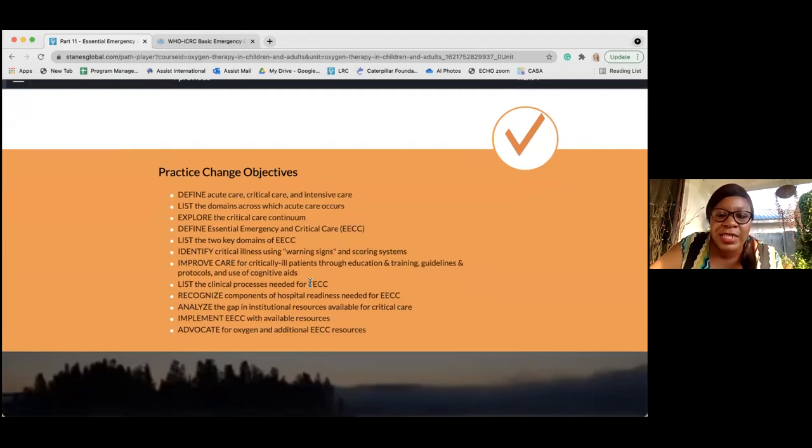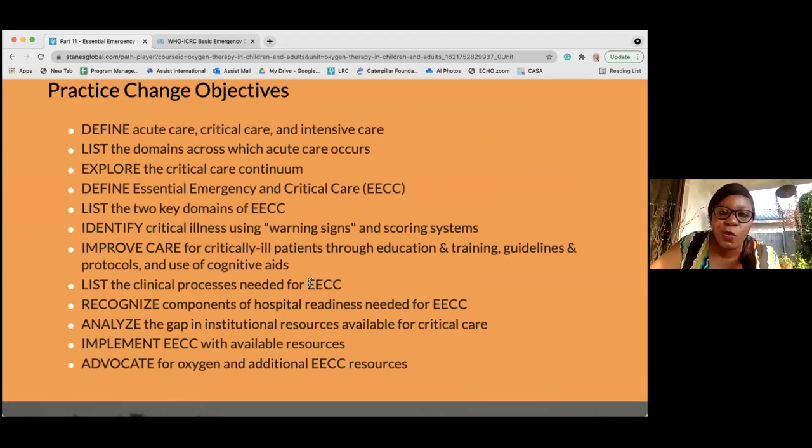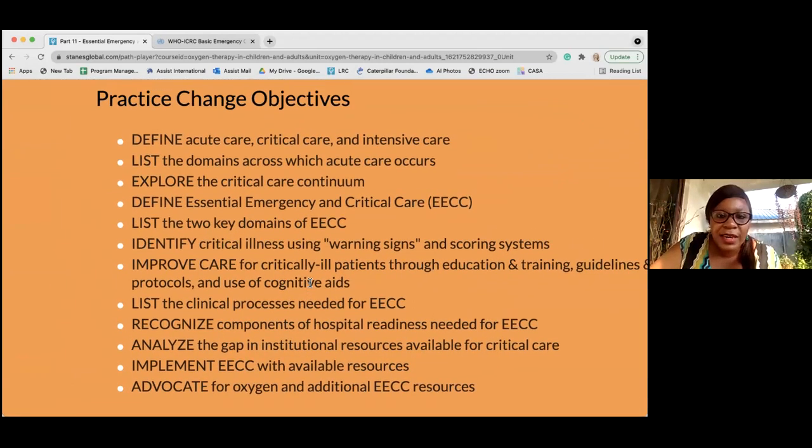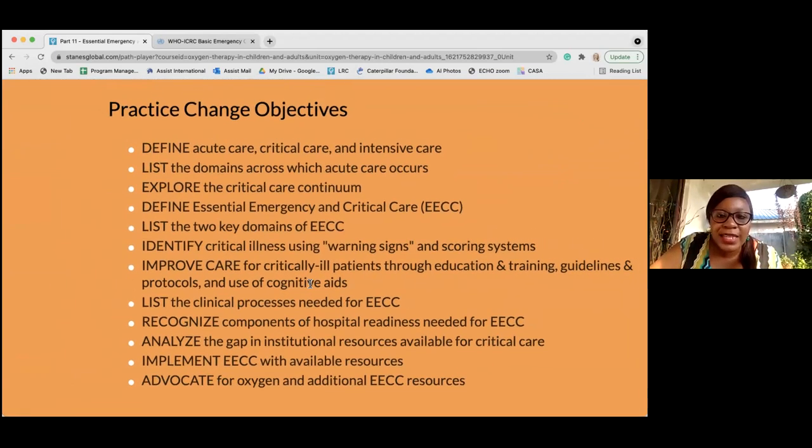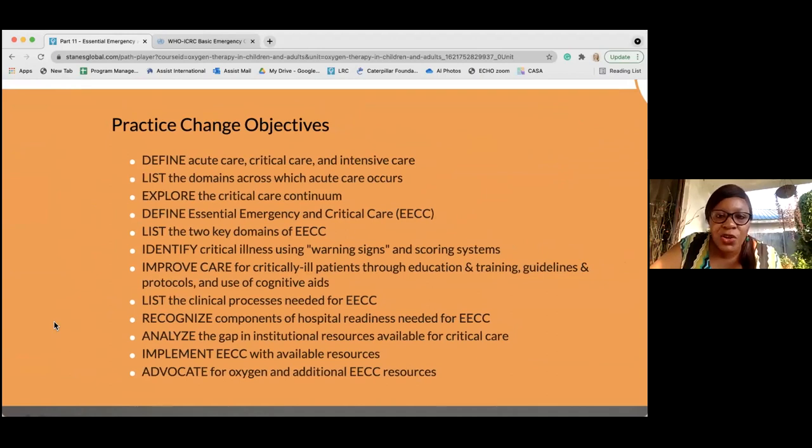We're told that the time pressure element is what makes the difference. We looked at what EECC is, the essential emergency and critical care services, and the need to expand this in universal health coverage. The key domains are identification and the actual care.